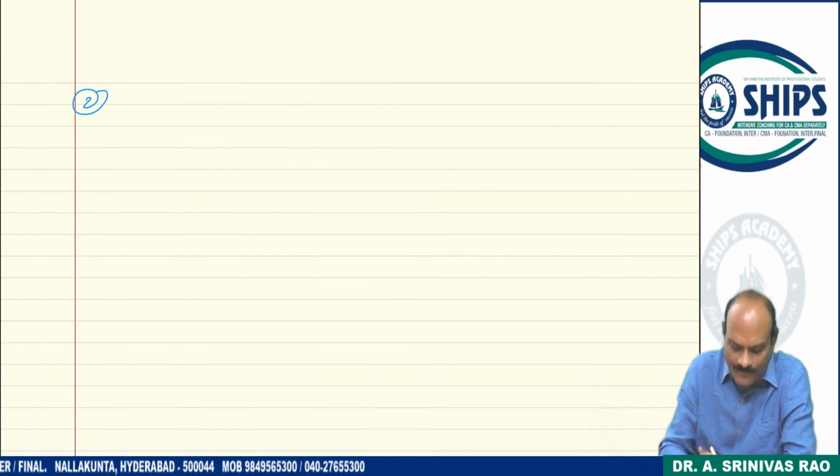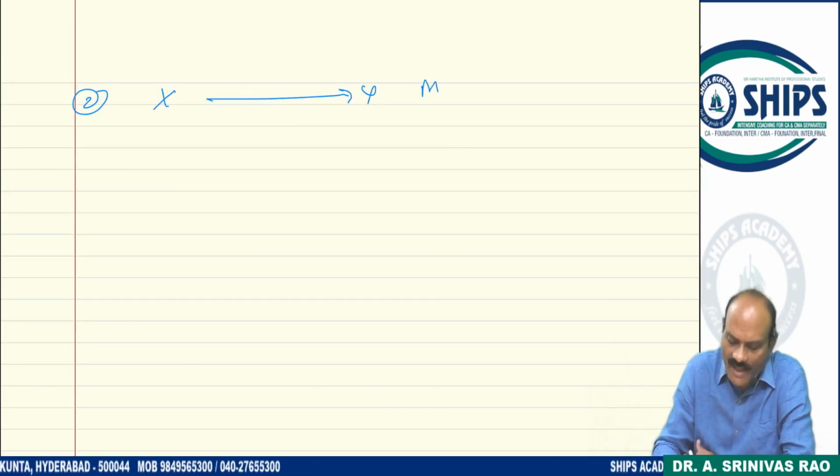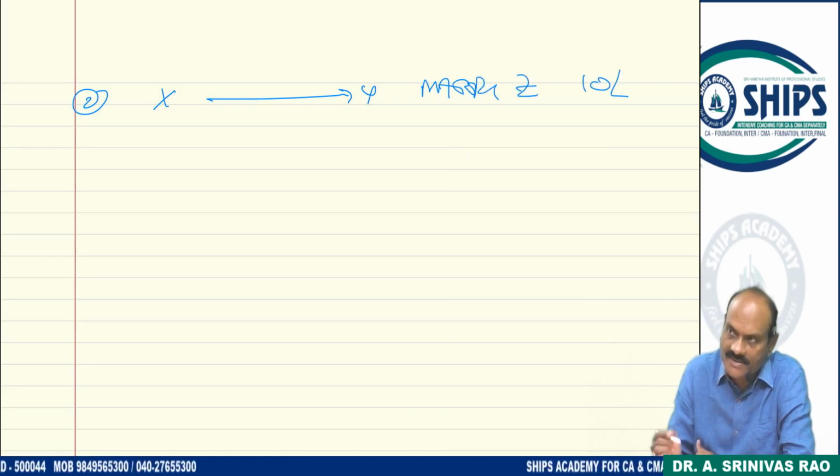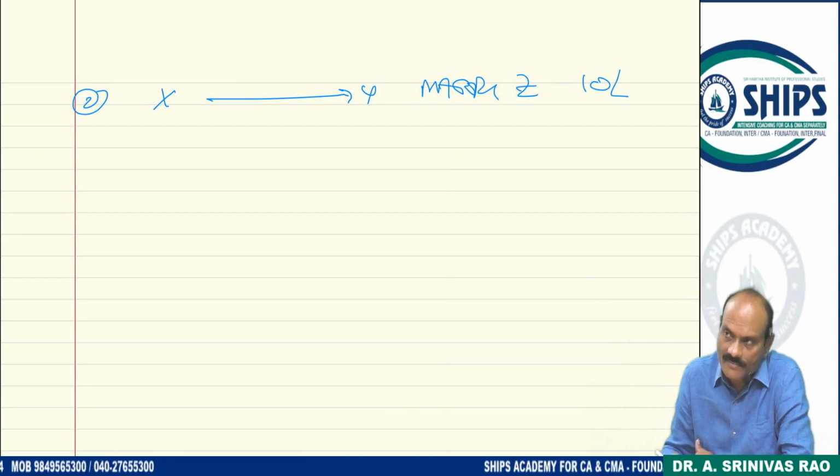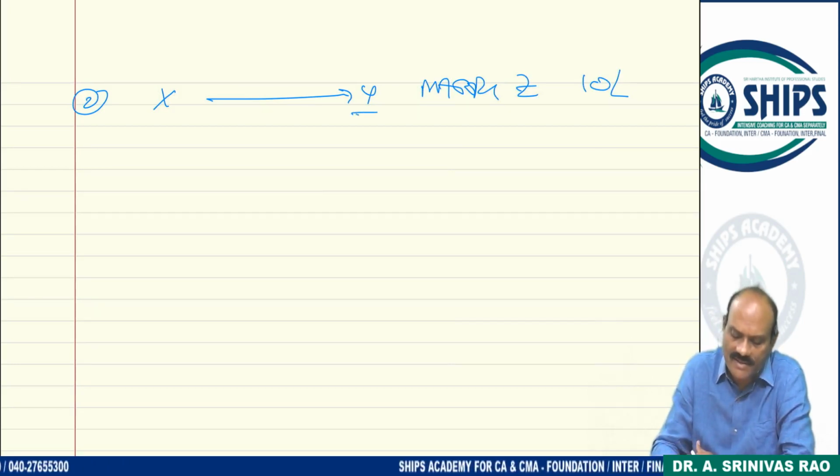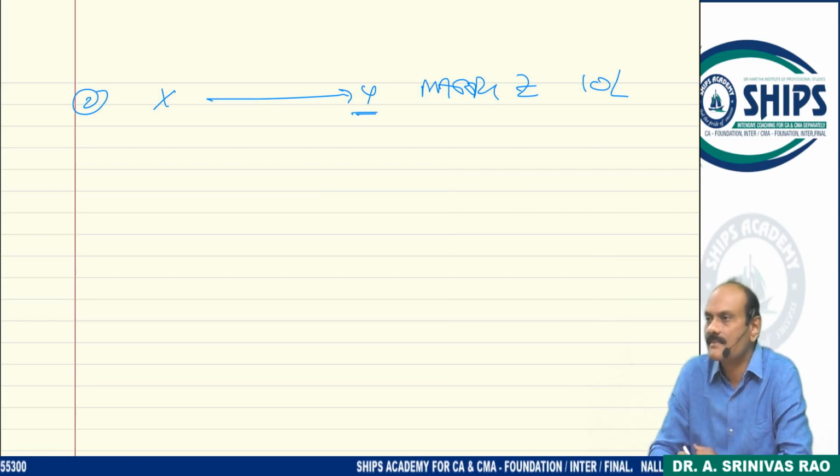Second example, X made a proposal to Y. Mr. Y, if you marry Z, I will pay 10 lakhs. Y said, yes.